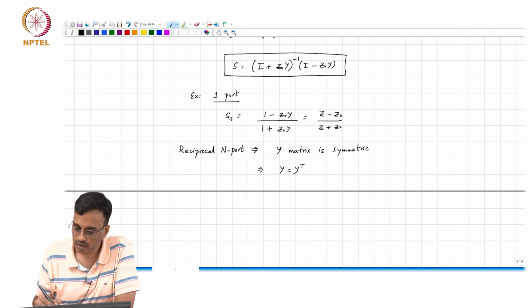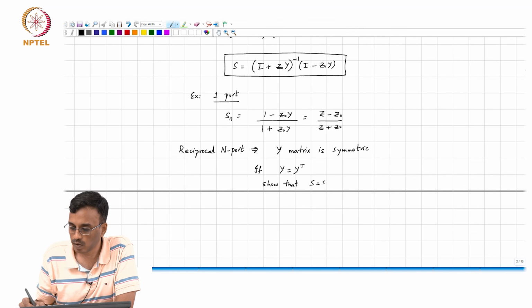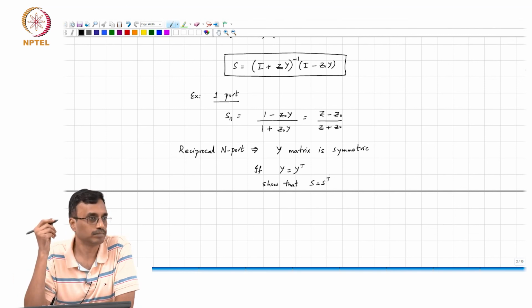Okay, so I will leave it as an exercise for you to prove that if Y is Y transpose, show that S equals S transpose.